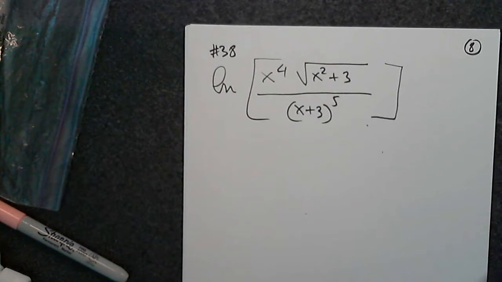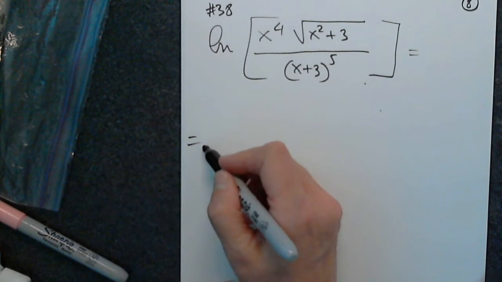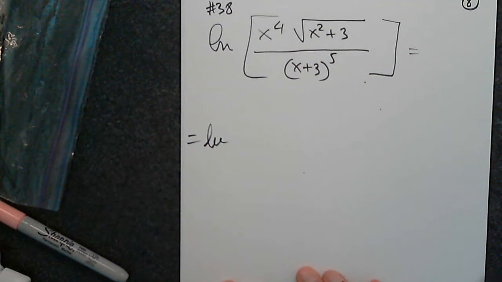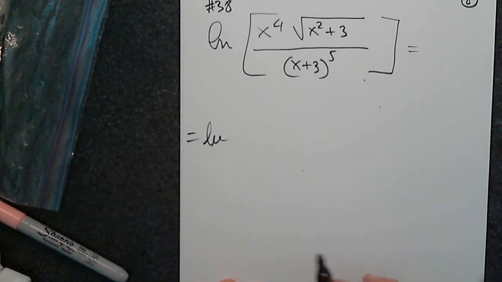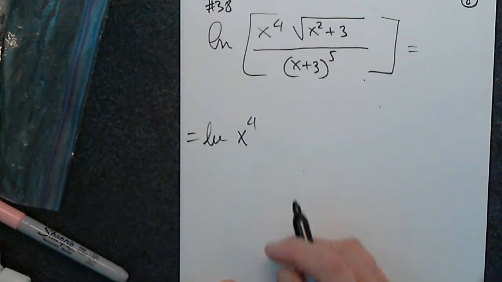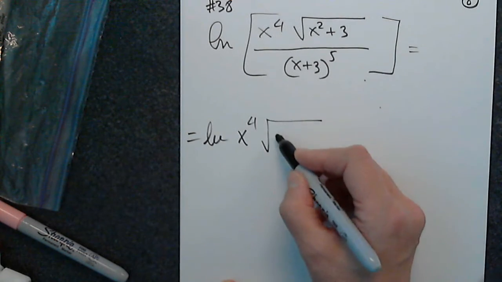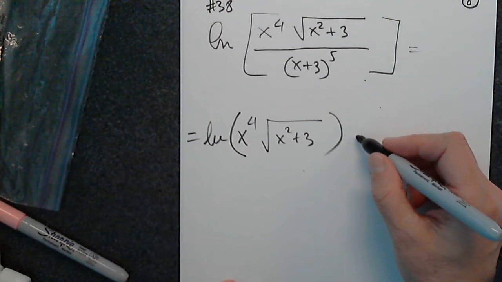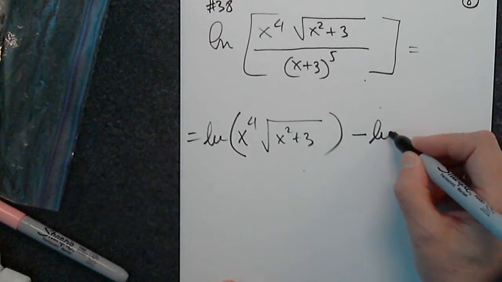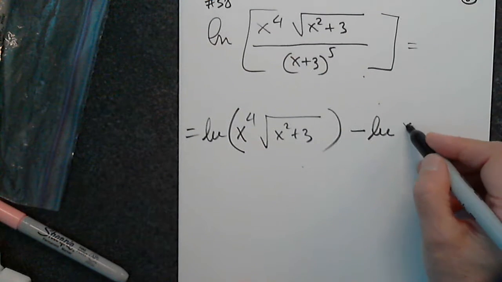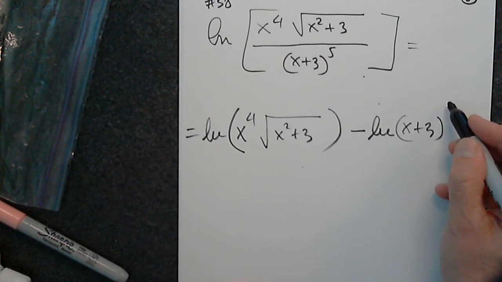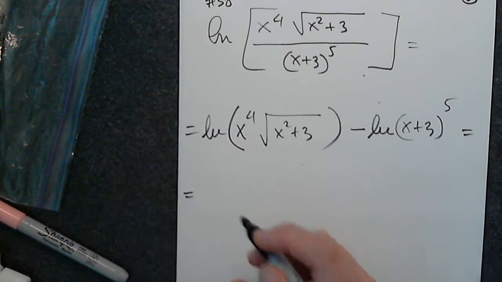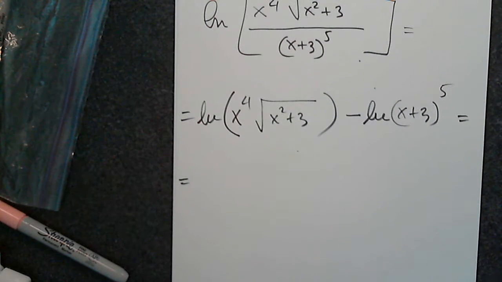Can anyone dictate? Natural log of x to the 4th times the square root of x squared plus 3. And then natural log of x plus 3 to the, well done. Careful now.